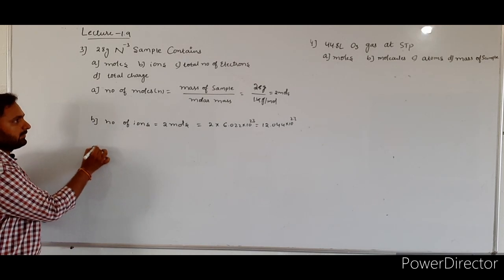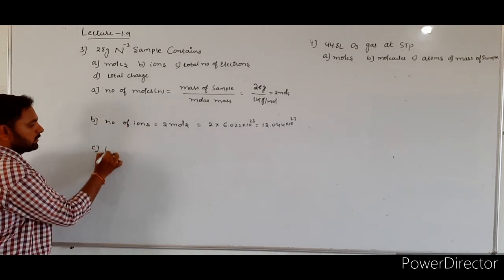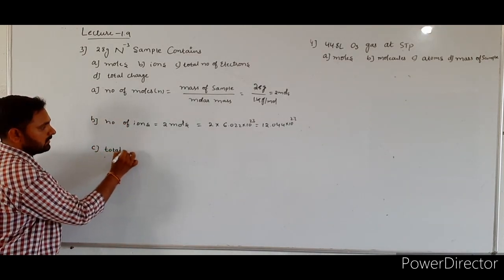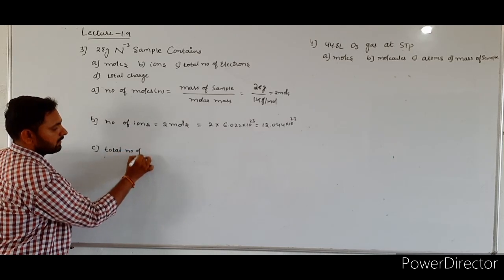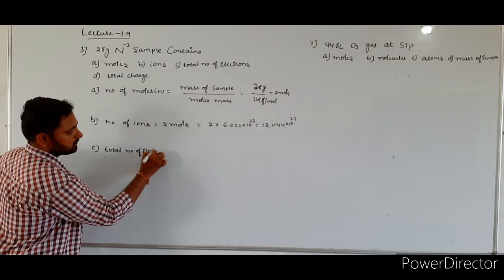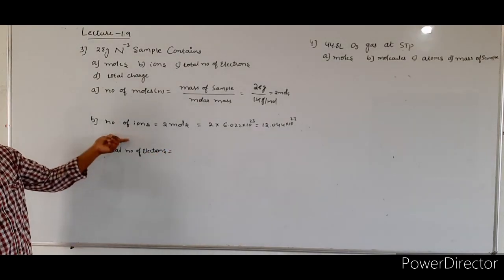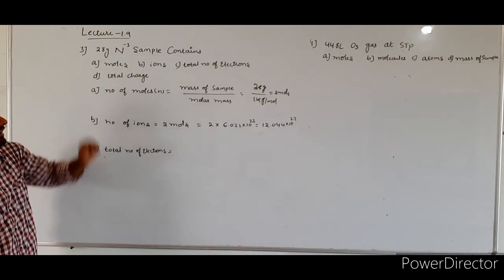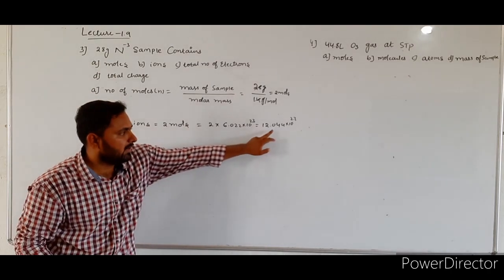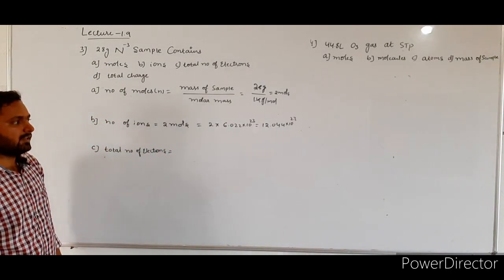Next, C. Total number of electrons. First, how many ions are present in 28 gram of nitride ion? There are 12.044 into 10 power 23 ions.